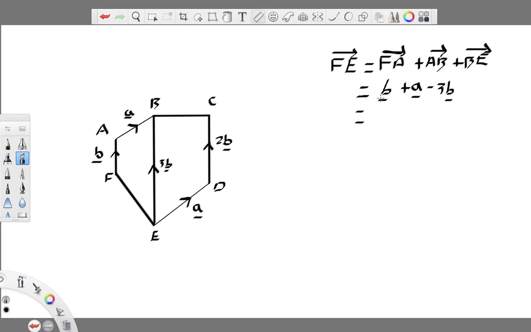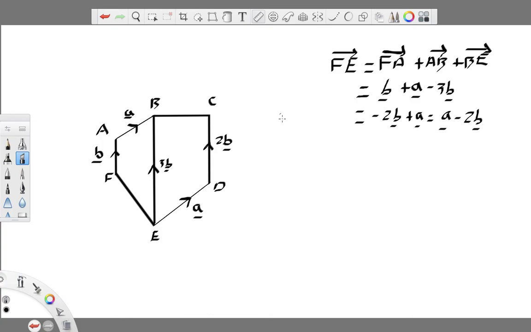Tidying that up, we've got B minus 3B. Well, that would be minus 2B plus A, and that would be equal to A minus 2B, because we prefer to have the positive vector at the start.